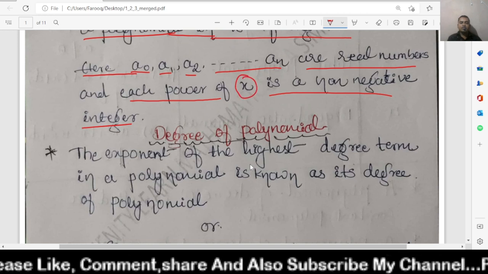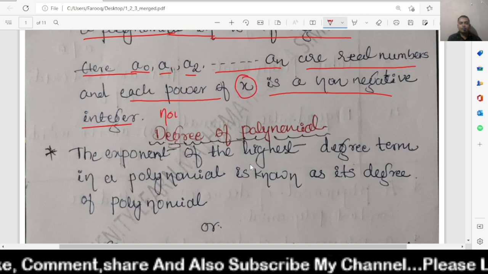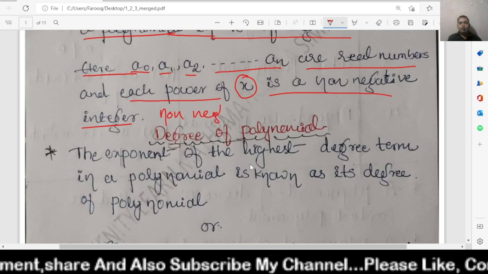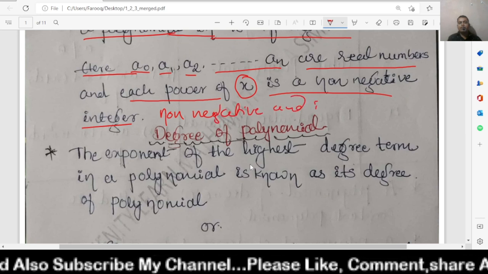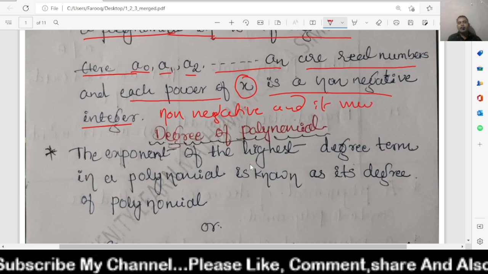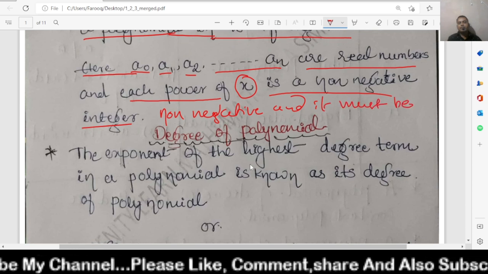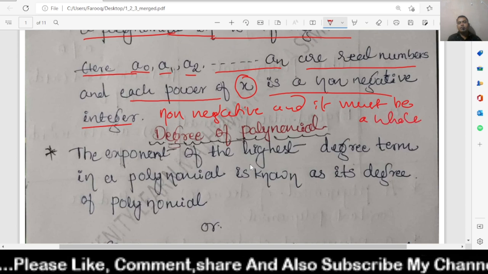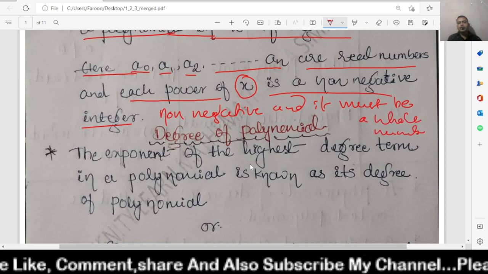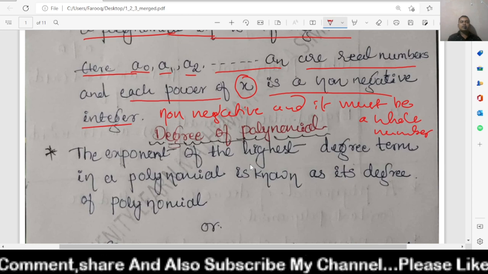The power of x is non-negative, and it must be a whole number, then it is said to be a polynomial. Once again, try to understand.